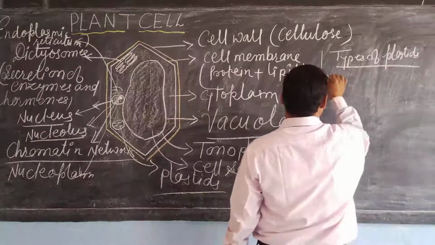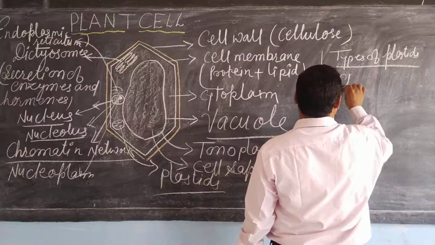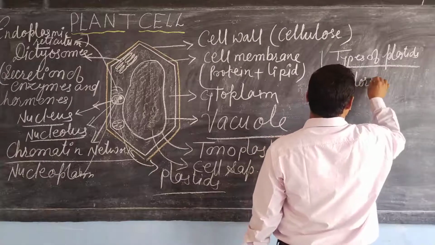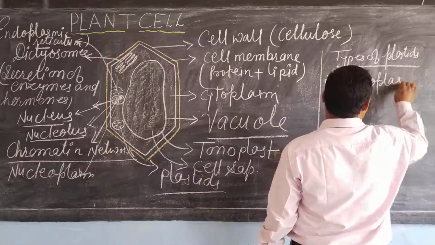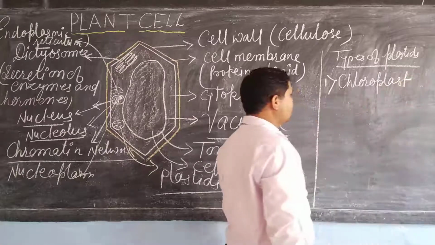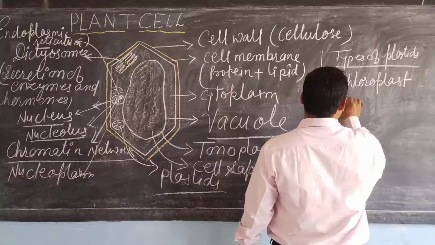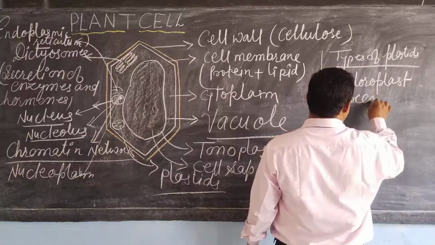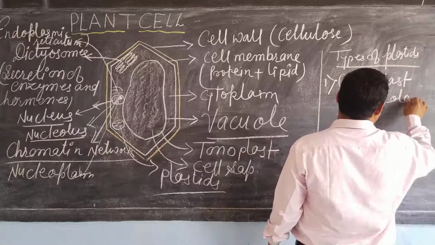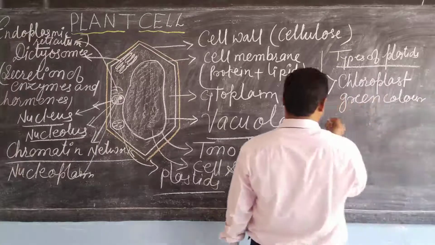First, chloroplast. Chloroplast is responsible for giving green color to the plant.